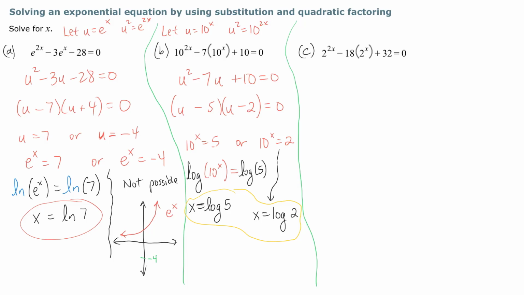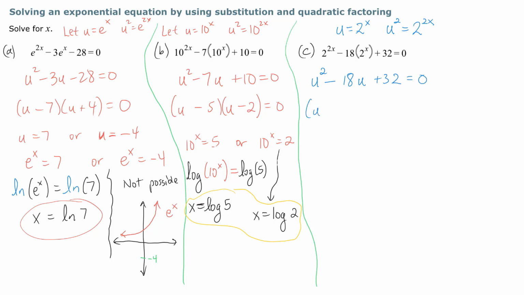What is your u sub, for example, C? You're probably seeing a pattern by now. Let's rewrite the equation using the letter u. u squared minus 18u plus 32 is equal to 0.